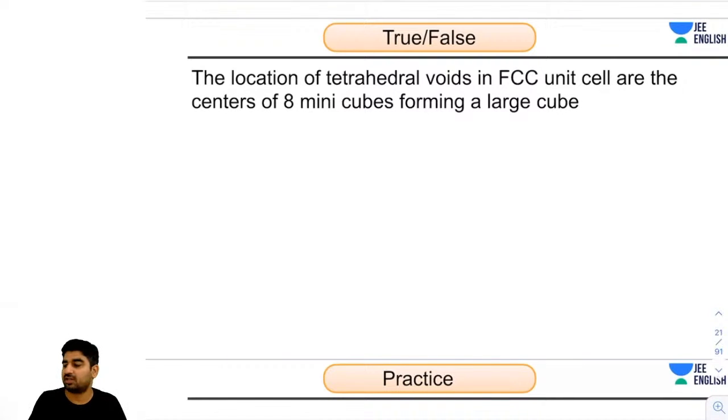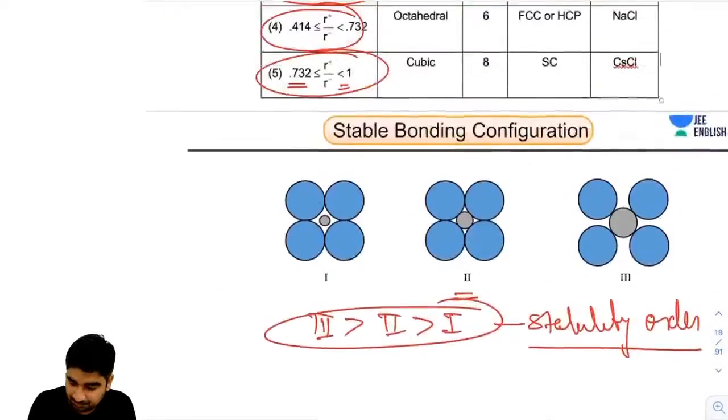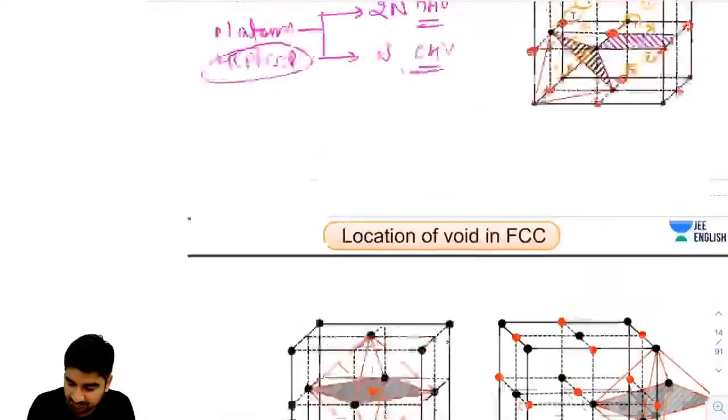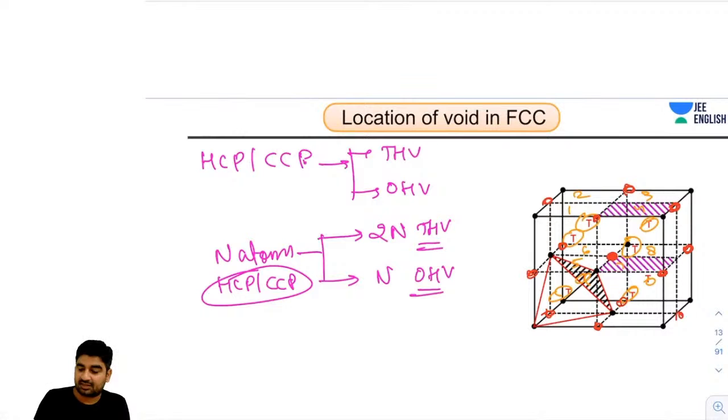Location of tetrahedral voids in an FCC unit cell are, so guys, this is the location. Tetrahedral voids, I told you, occupy the body centers of the minicubes, right?